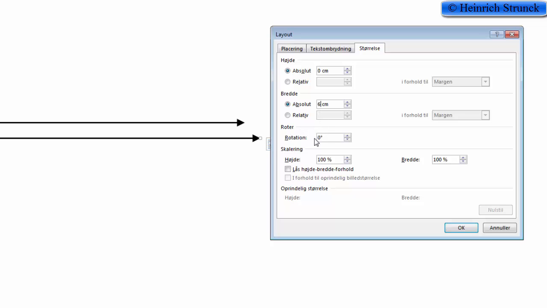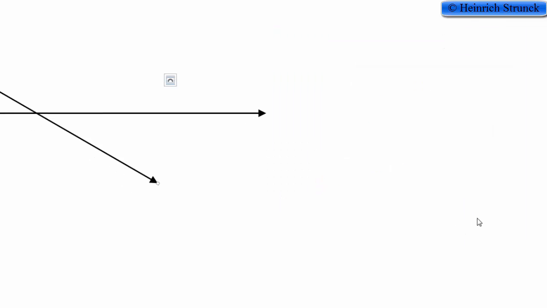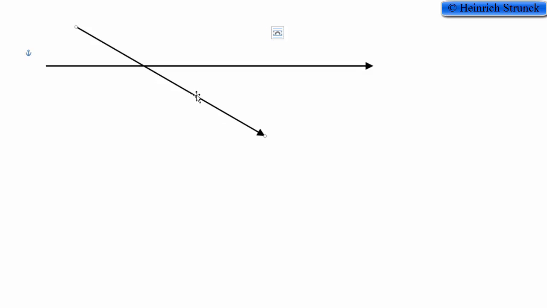And now we have to rotate, and it should be a negative 30 degrees. But in Word, if we have a positive angle, it rotates clockwise, and that is also the direction that we want, because in vectors a clockwise rotation is a negative value. So press OK, and we can see that the vector is rotated negative.